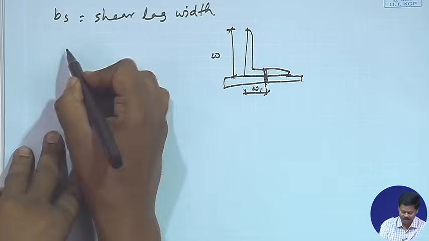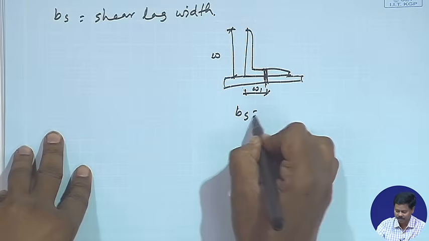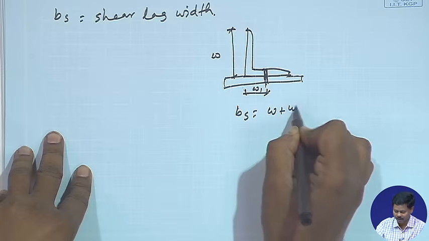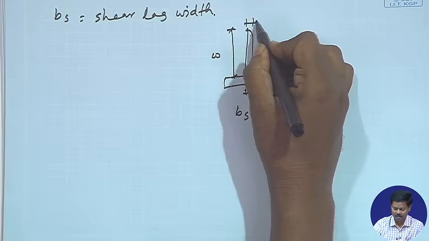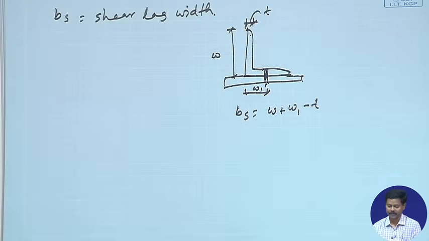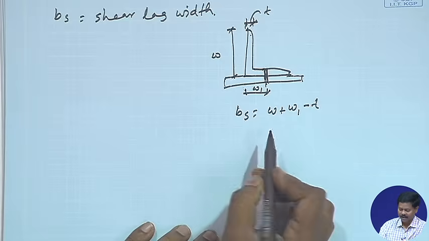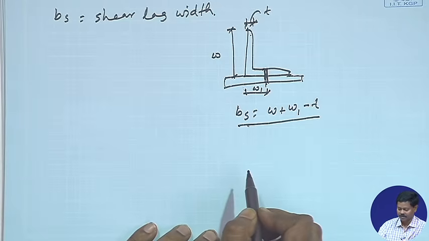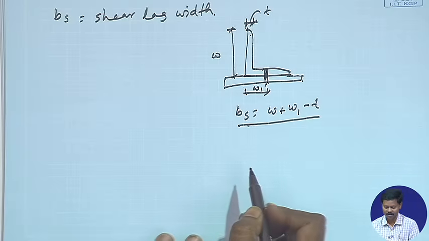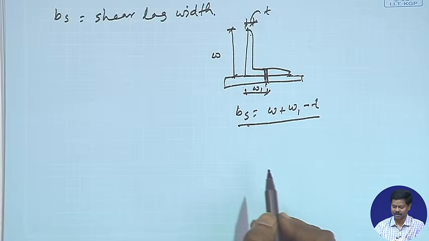Then Bs will be W plus W1 minus T. T is the thickness of the angle, right. So when the angle has a single leg connection, the shear lag width Bs can be calculated as W plus W1 minus T.